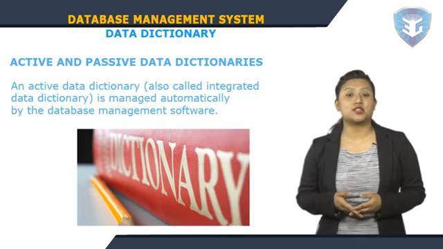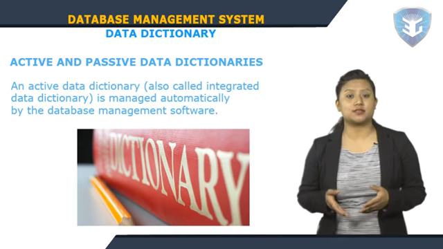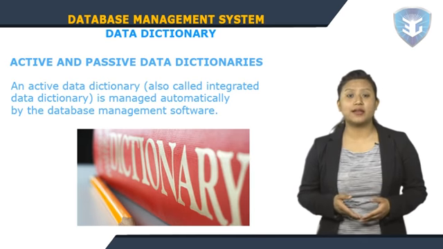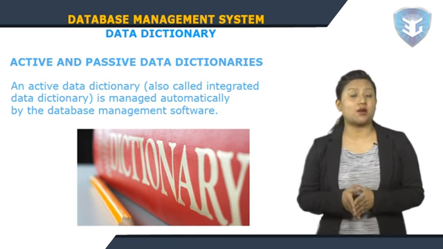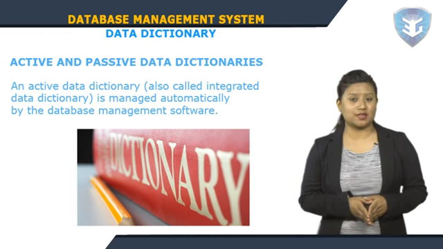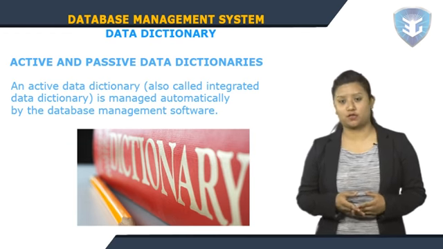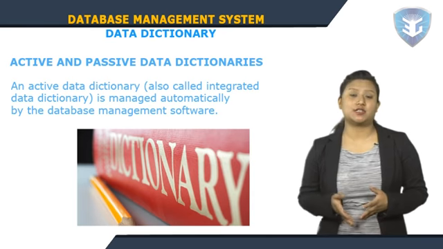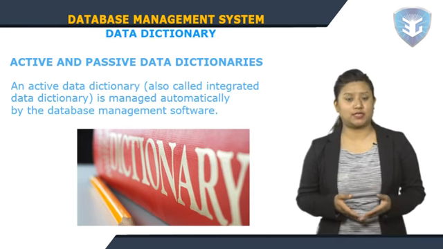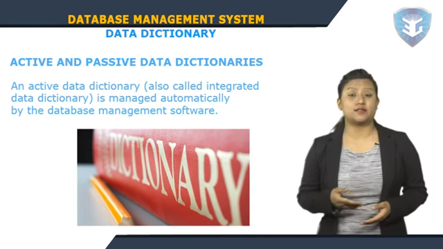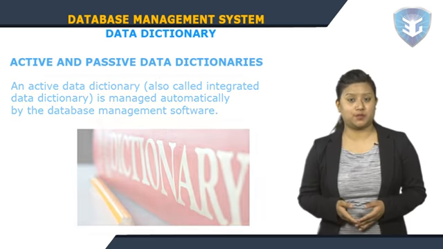An active data dictionary, also called integrated data dictionary, is managed automatically by the database management software. Since active data dictionaries are maintained by the system itself, they are always consistent with the current structure and the definition of the database. The passive data dictionary, also called non-integrated data dictionary, is the one that is used only for documentation purposes.